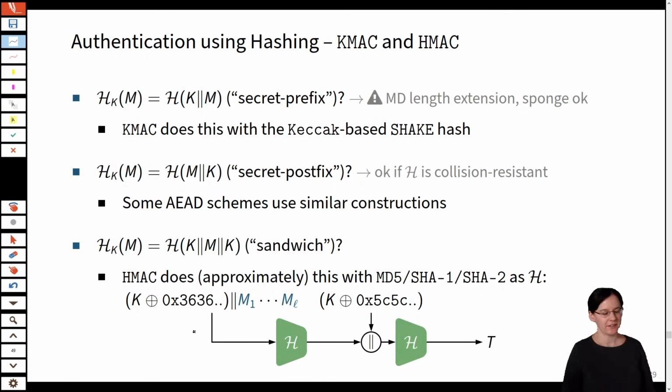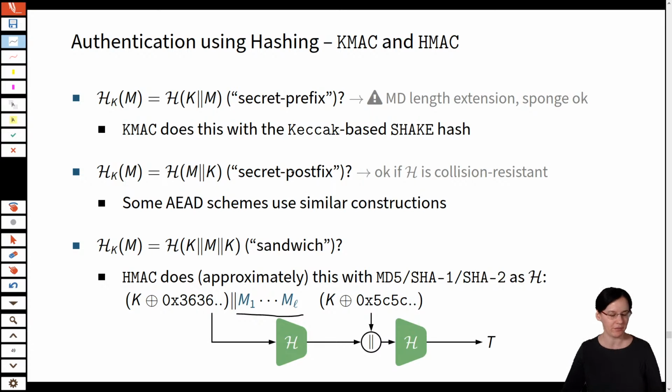So what HMAC does is it takes the key and prepends it to the message, like in a secret prefix, puts that into a hash function, but then at the end concatenates this result with the key again and puts it into the hash function again to actually get the tag. So this is supposed to be a sort of fix for this length extension problem. But overall, it's a bit ugly because it has some artifacts based on the way it's constructed.